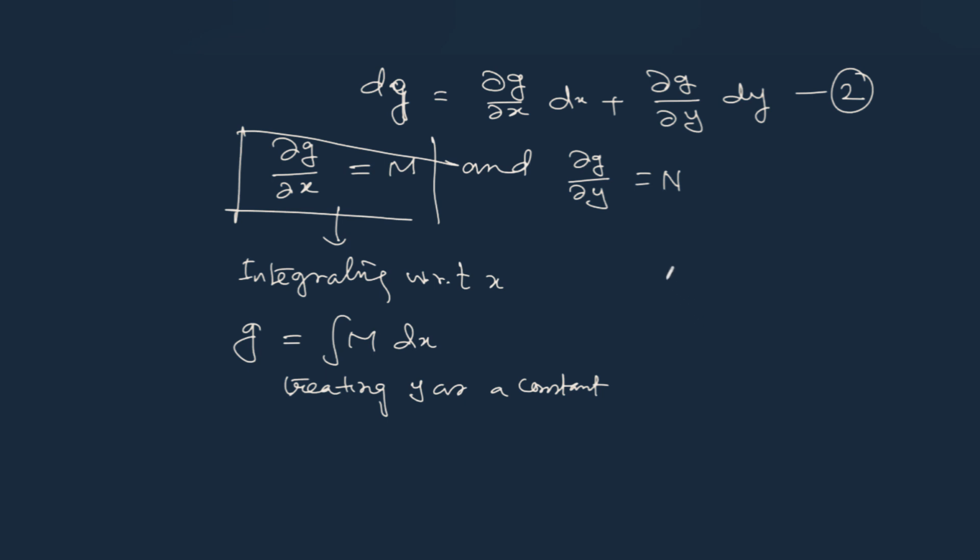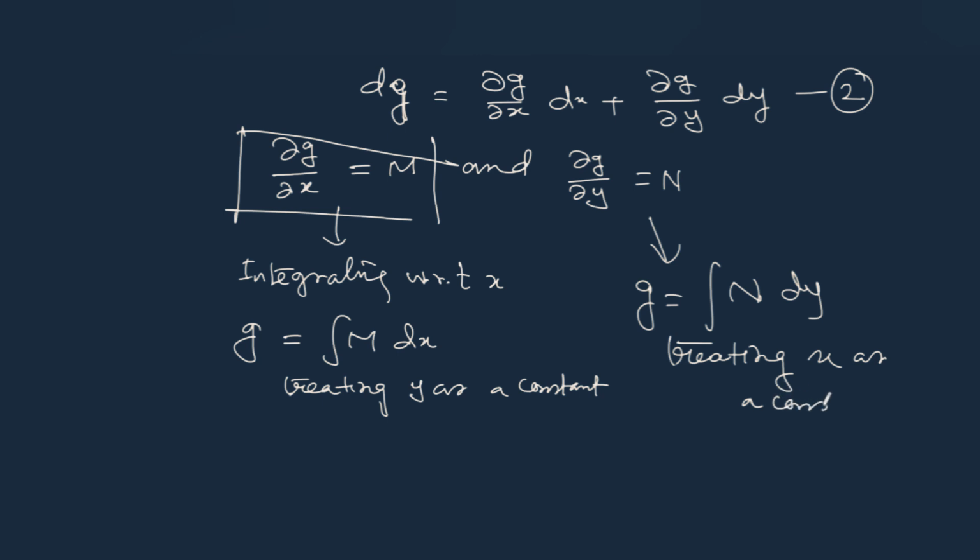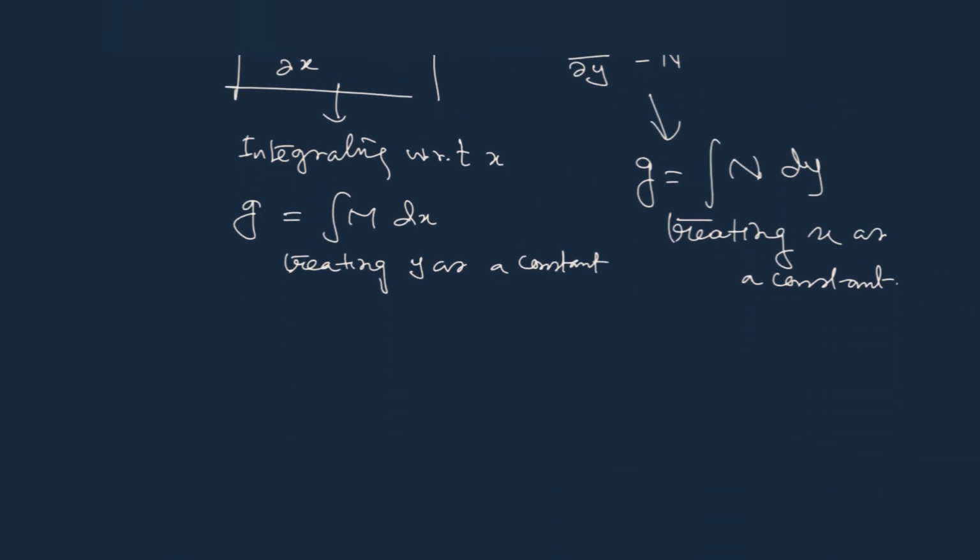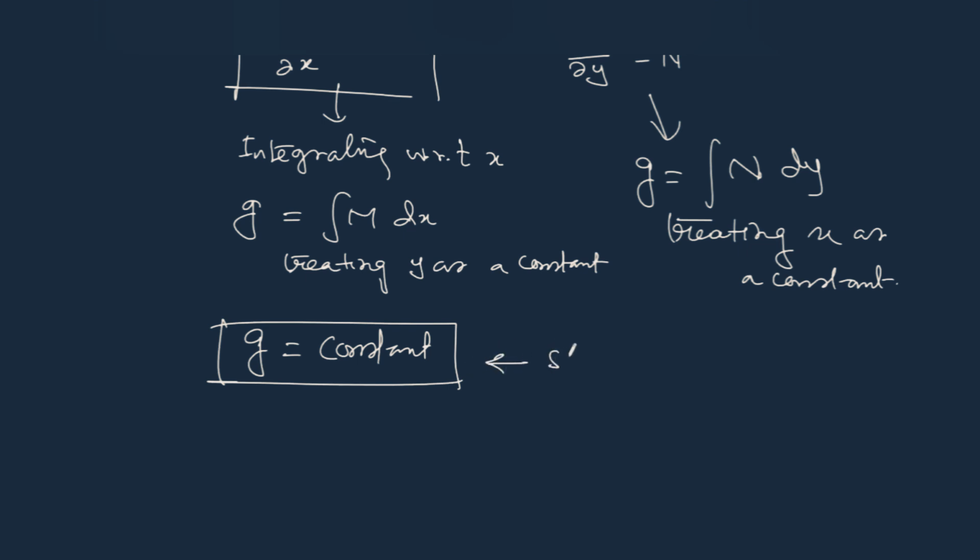And similarly from the other side, we'll get z equals integration N dy, and we must treat x as a constant. So we have two z's. Compiling these two, we will get that z equals some constant is the solution. This is the solution.